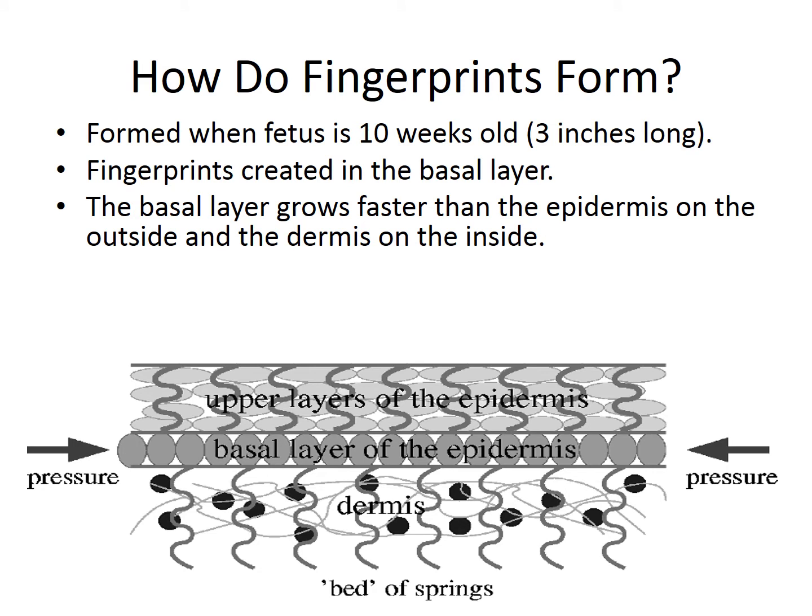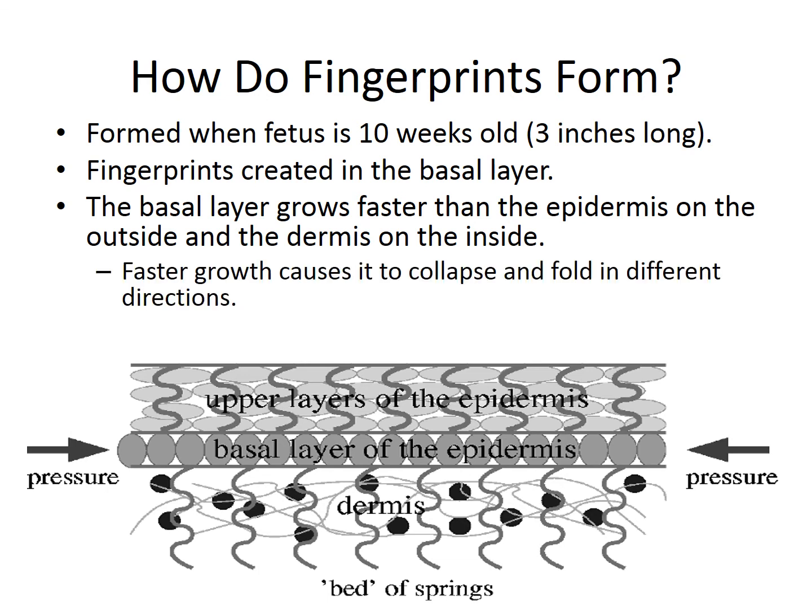Since the basal layer grows faster than the epidermis that's outside of it and the dermis on the inside, the pressure causes it to collapse and fold in different directions. And the crazy thing is, even twins are going to have different fingerprints because it's kind of caused randomly.